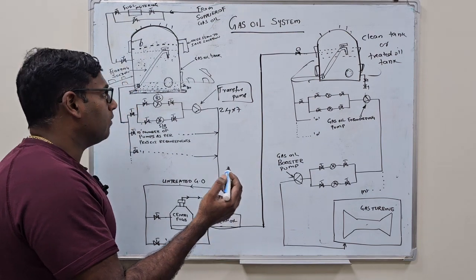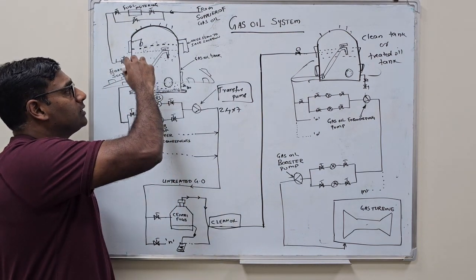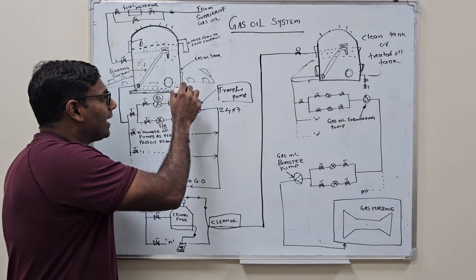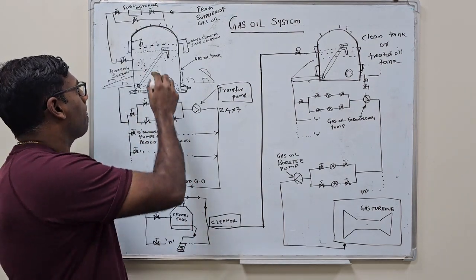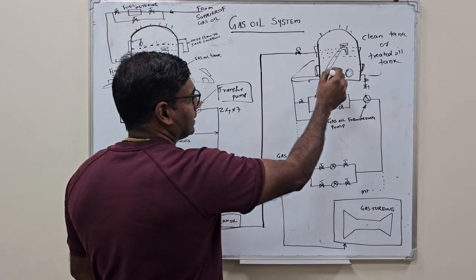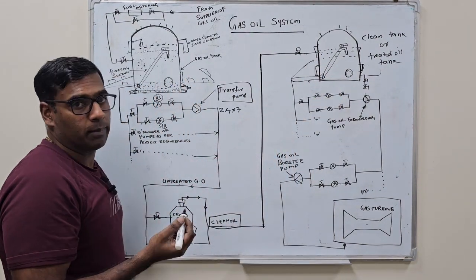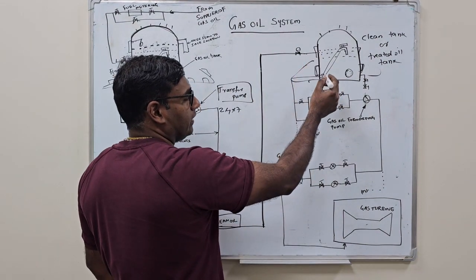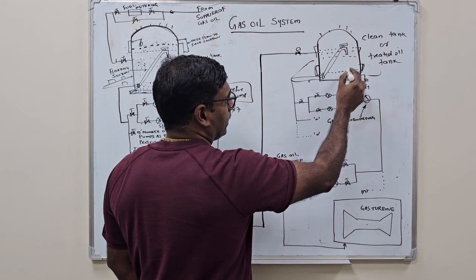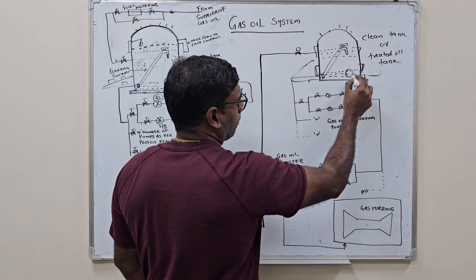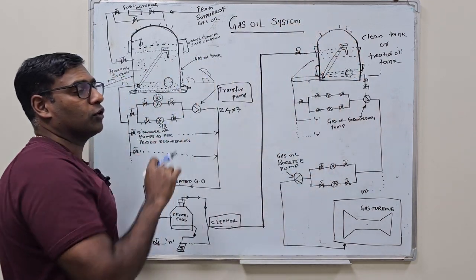One more point we have to notice is that this tank has to be drained at least daily or weekly, because the oil which you are putting inside may have some amount of water particles. Since water is heavier than oil, all the water will accumulate at the bottom and the oil will float on top of the water.